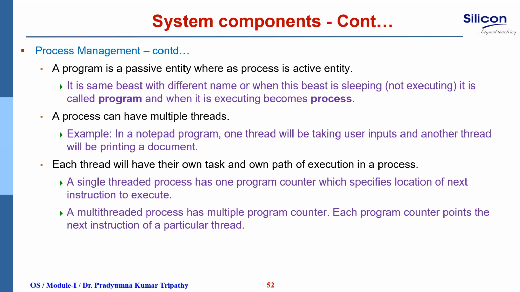But if it is a multi-threaded program, every thread is running independently, because every thread has its own path of execution. So a multi-threaded process has multiple program counters. If each is running independently, how will you keep track of which thread is running which instruction? So I will have multiple program counters.